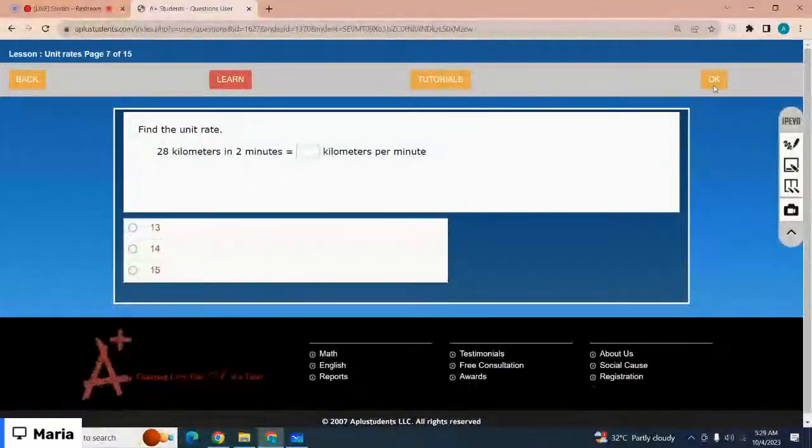So how many kilometers per minute? Very good. That would be 14 kilometers per minute.